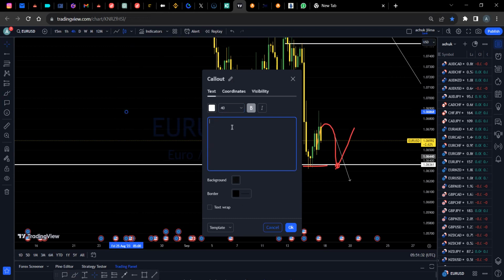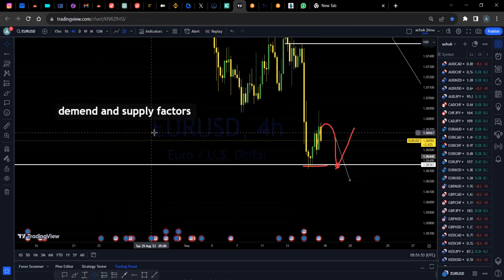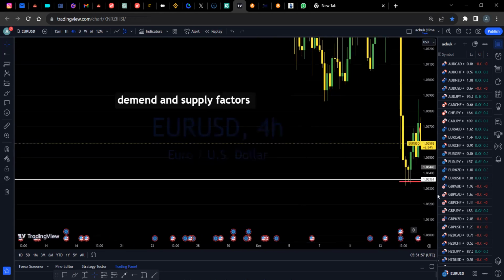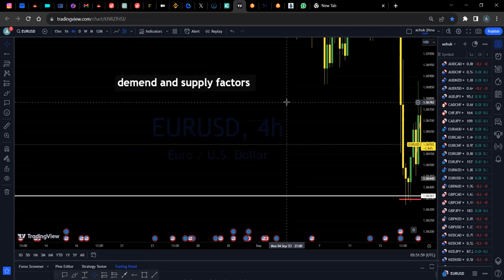The first factors which move the market, of course, are what we call the demand and supply factors. Any currency in the world, regardless of where it is, is moved by the factors of demand and supply. So the factors of demand and supply determine the strength or the weakness of any particular currency.